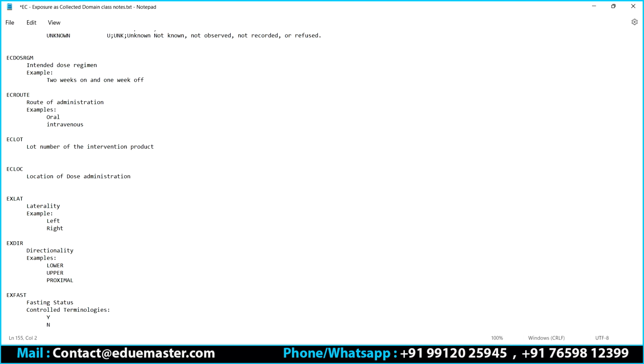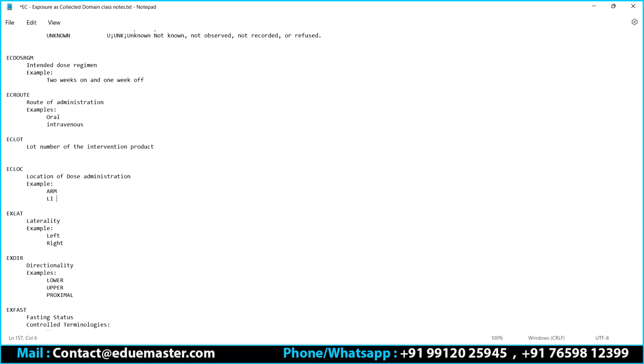It simply specifies the location. For example, let's go with the simple ones. You don't need to be really difficult on this particular one. Is it something you are giving to your arm, or it is lip, or some treatment that you want to do on your abdomen, stomach? Where is the location?